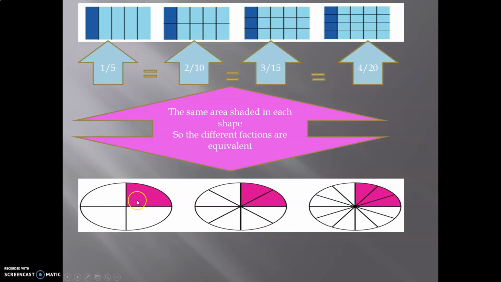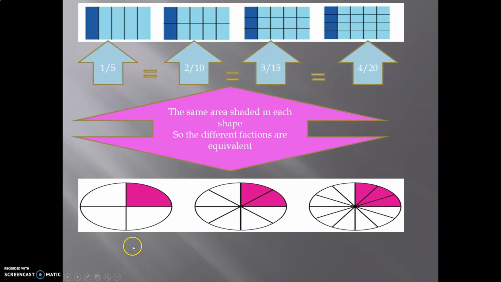Here, I cut my shape into 4 equal parts. Here, I cut the same shape, but into 8 equal parts. And here, I cut my shape into 12 equal parts. But as you can see, this area is the same as this area, the same as this area. But this area is only 1 part, here it is divided into 2 parts, and here it is divided into 3 parts.